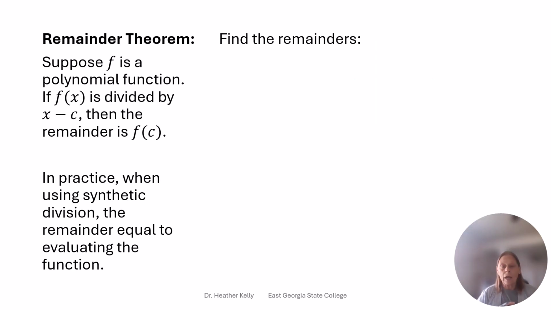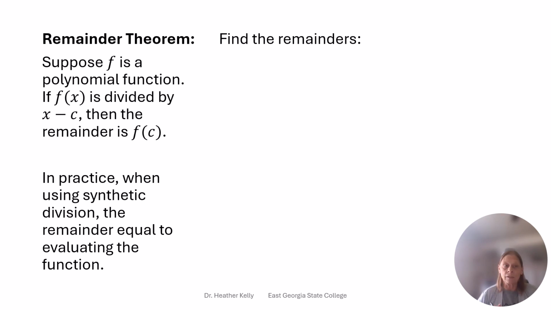So we're going to knock out a few theorems that are going to allow us to factor large polynomials that we wouldn't know how to regularly do. Let's start off with the first theorem, the remainder theorem. Suppose f is a polynomial function.